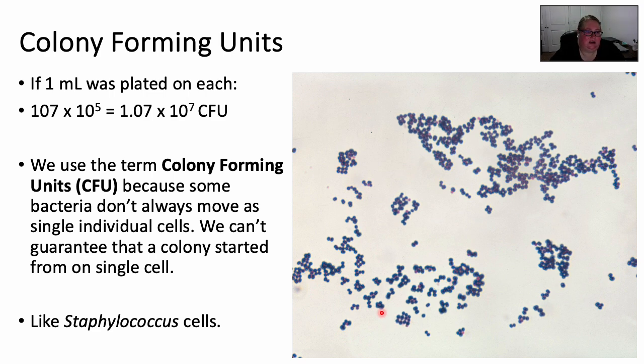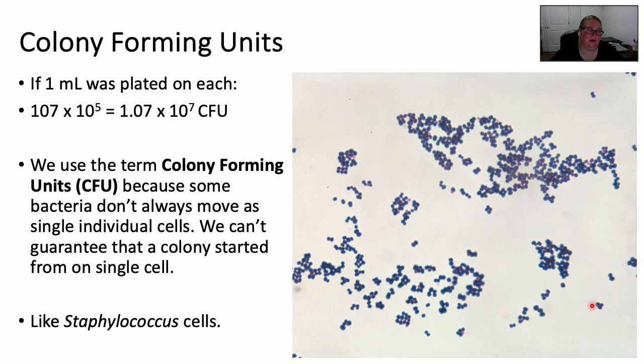So we can't guarantee that one cell makes one colony. So our one cell, one colony paradigm doesn't exactly work. We can guarantee that we have one colony forming unit, and that's what each bunch is. So these 2 are one colony forming unit. These 4 are one colony forming unit. These 3 are one CFU.